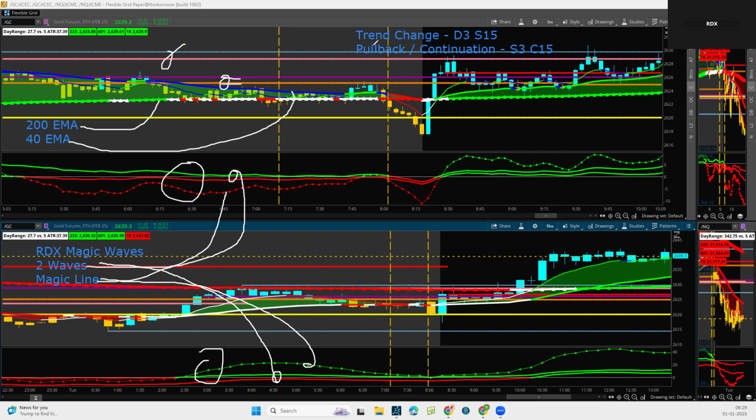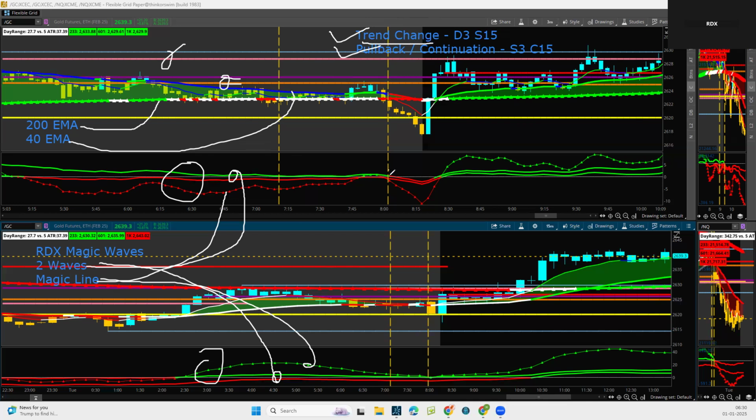So there are two trades that I primarily look at, either a trend change trade or a pullback and continuation trade. And the trade that I've taken here is what I would call a trend change trade. Why?